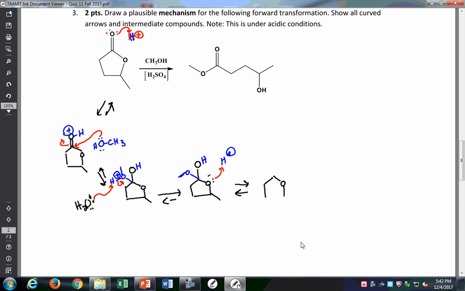Now that's going to make that oxygen a pretty good leaving group. We're going to reform the carbon-oxygen double bond. And like I said, this is a good leaving group now. It's going to leave neutral. Again, we're not forming any negative charge.